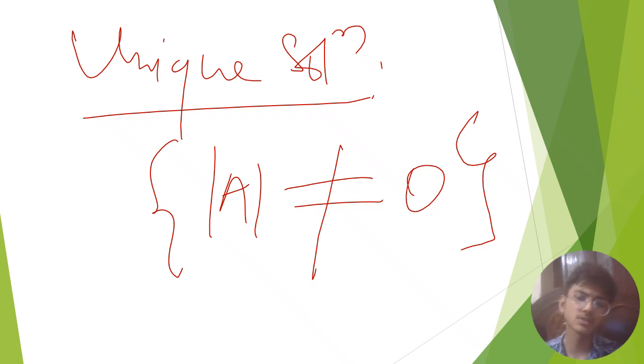Similarly in Cramer's rule, where we defined D, D1, D2, D3, or D, Dx, Dy, Dz: for infinite solutions, D should equal D1, D2 and D3, and the value should be 0. For no solution, D should be 0 and at least one of D1, D2, D3 should not be 0. For a unique solution, D should not be equal to 0. The same more or less follows here also, and you can relate from that concept.